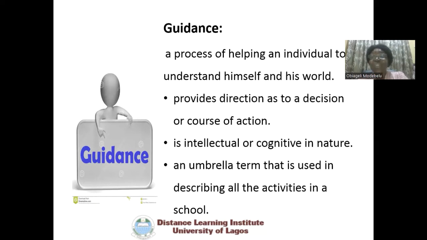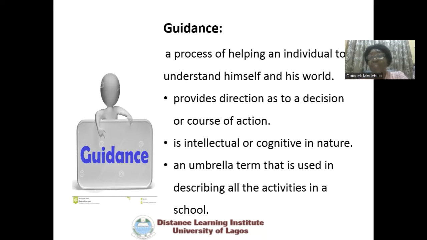In life, whenever somebody wants to do something that he doesn't know how to do or doesn't understand how to do, he will seek direction, he will seek guidance, he will seek advice to be able to perform. But the kind of guidance or direction that everybody can give is what we refer to as informal or traditional guidance, for example, a mother directing a child on how to perform a chore or how to take care of the home.